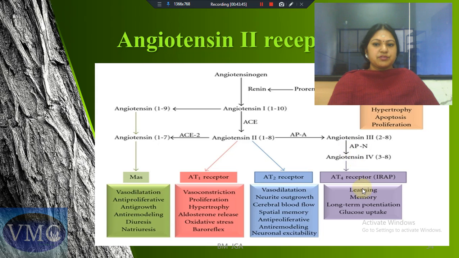Angiotensin 3 and 4, most importantly 4, act on the CNS: learning, memory, long-term potentiation, and glucose uptake. So against the vasoconstrictor effect of AT1, you have counter-regulatory vasodilatation through AT2, and angiotensin 1-7 also provides a counter-regulatory mechanism. This is important and you have to remember it.